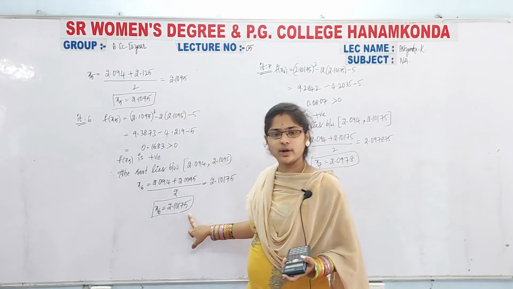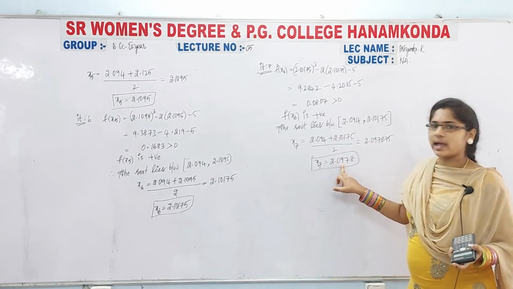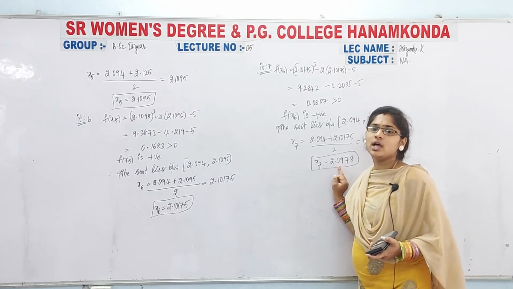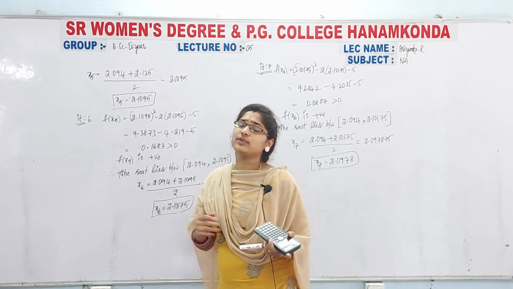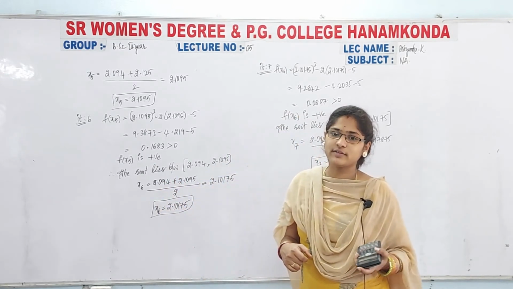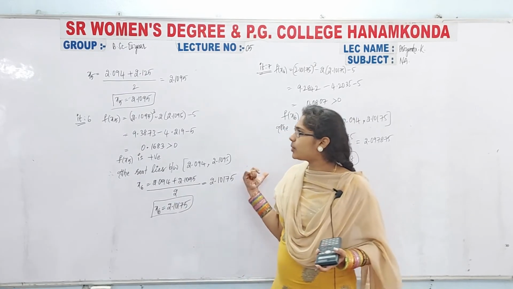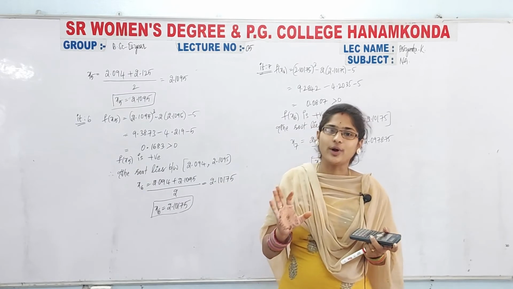And here 2.09, so if we have here 9, then we can take that it is nothing but 2.1. So now what we have to write? Therefore the required root for the given function is nothing but 2.1. Approximately you can take this one, otherwise directly you can write 2.1.